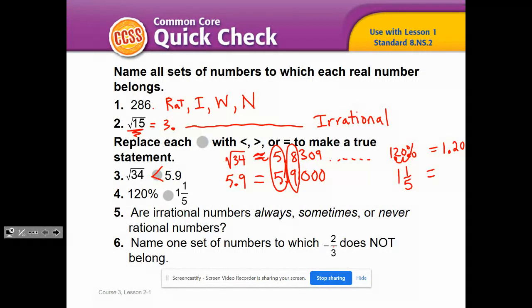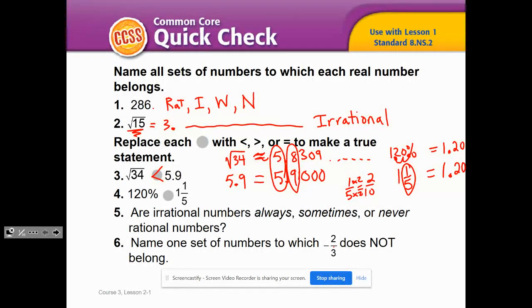And for 1 1/5, we know the whole number part is going to be 1, but we have to turn this 1/5 into a decimal. 1/5 equals how many tenths? Well, times 2, so that's 2 tenths. So we've got 2 tenths or 20 hundredths, so these two are equal.